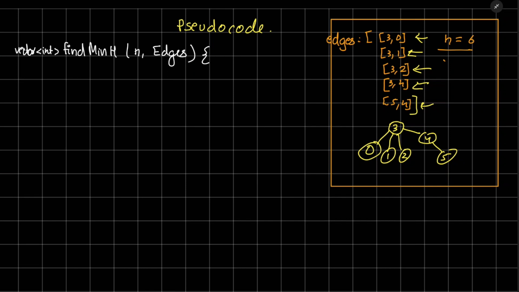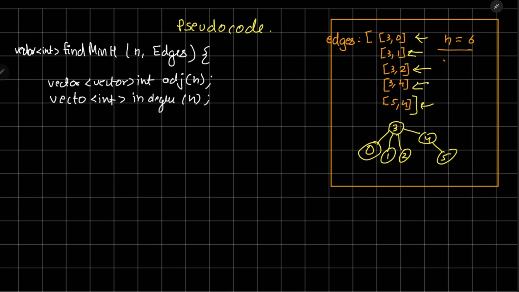First we will make the adjacency list, so it will be vector<int> adj of size n, n being the number of vertices, and we will also need an in degree vector, so vector<int> in degree, and it will be of size n. So first we will make the adjacency list.